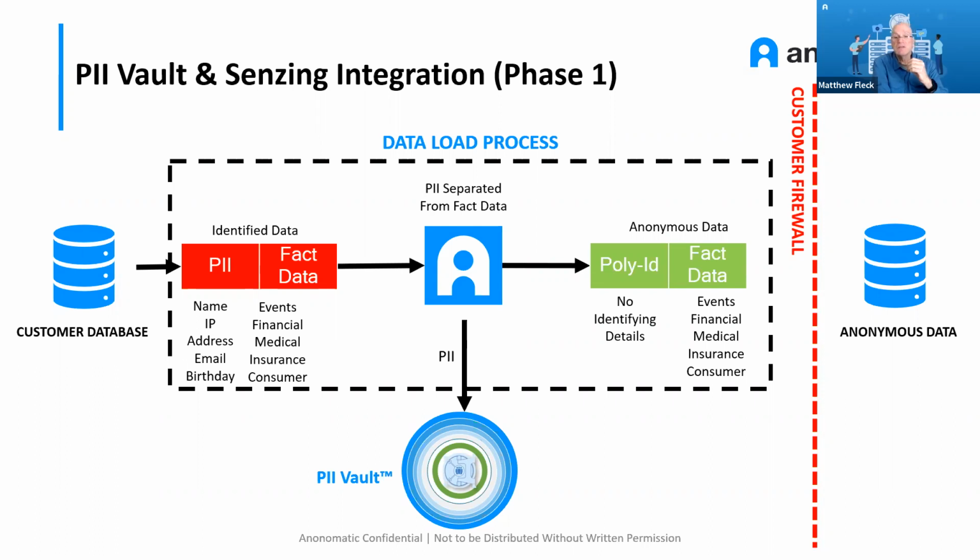Attached to each record is what we call a poly ID, short for polyanonymous identifier. This is a consistent, unique, non-hashed value, which may be used immediately to link all the records for the same individual without ever knowing who that individual is.